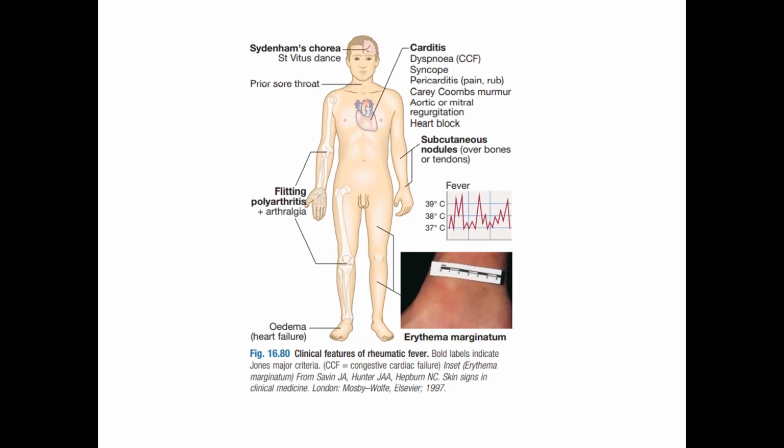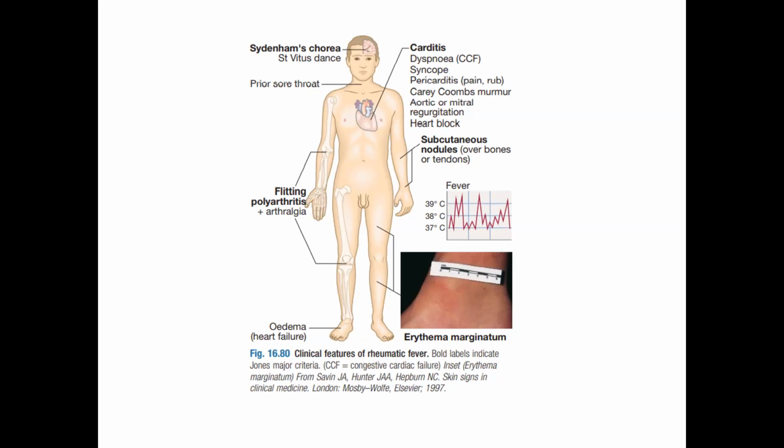There is a history of sore throat. There is flitting polyarthritis. Flitting means the polyarthritis shifts from one joint to another. There is carditis, dyspnea, syncope, pericarditis, and the murmur is known as Carey-Coombs murmur. Very, very important: the murmur of rheumatic fever is Carey-Coombs murmur.